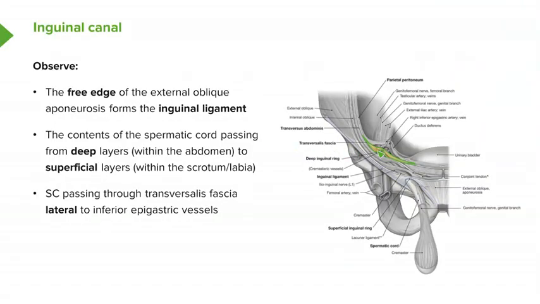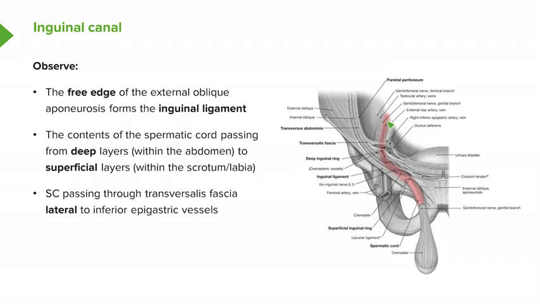What we can see are numerous layers. Here we've got transversalis fascia, and here again we can see transversus abdominis, and then we can see internal oblique. If we imagine the testes started up here, it has migrated down through these layers, in this direction.